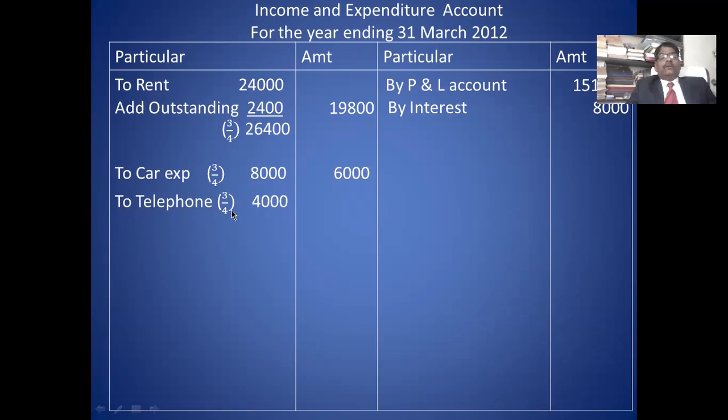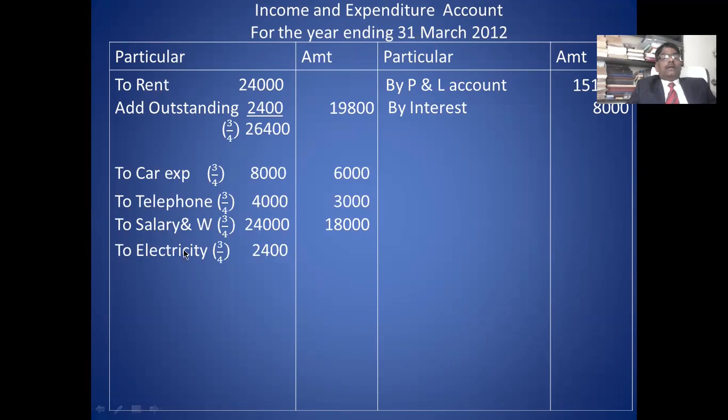Then telephone expense 4,000. 3/4 you take, 3,000. Then salary and wages 24,000. Out of this 3/4, 18,000 you take here. Okay. Next is electricity. Electricity you take 3/4. 3/4 is 1,800.